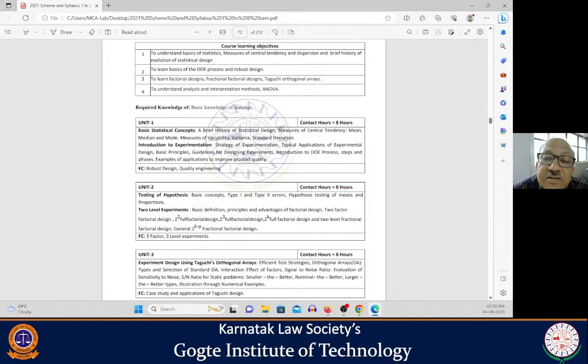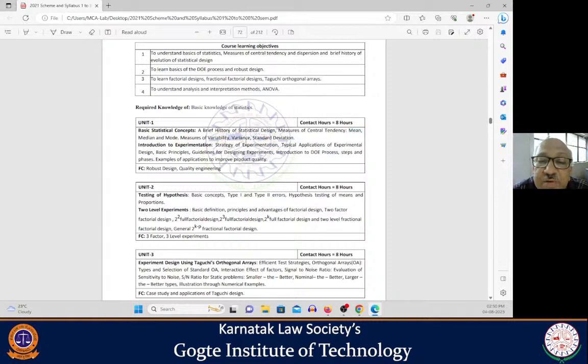And then in the same unit, we have the measures of central tendency such as mean, median, and mode, and measures of variability or measures of dispersion, namely variance and standard deviation.